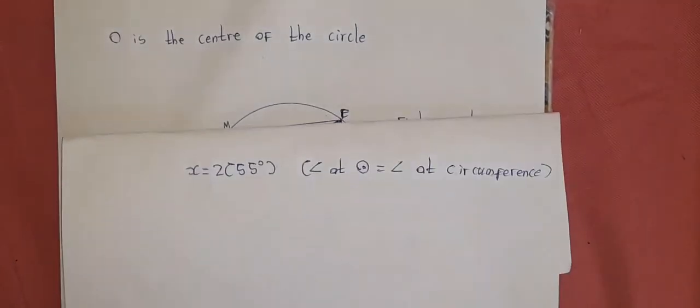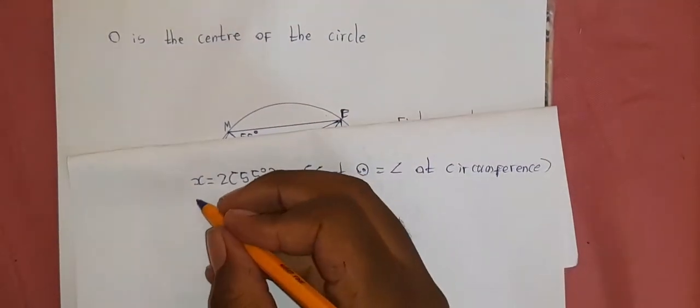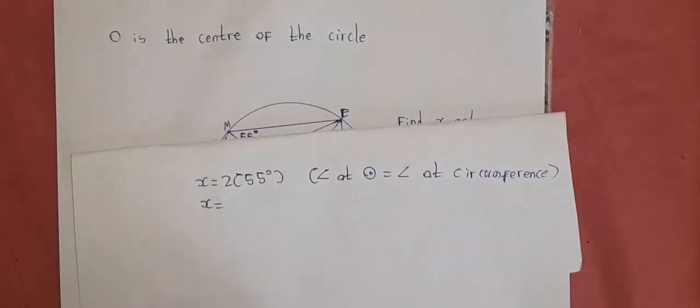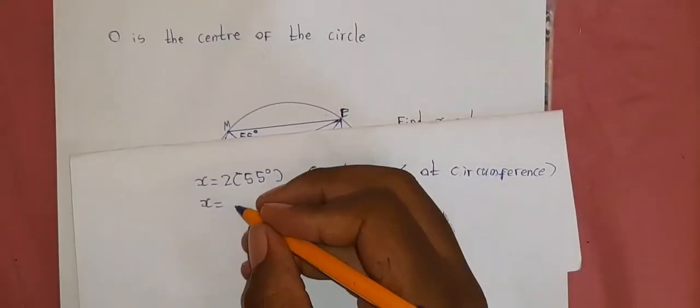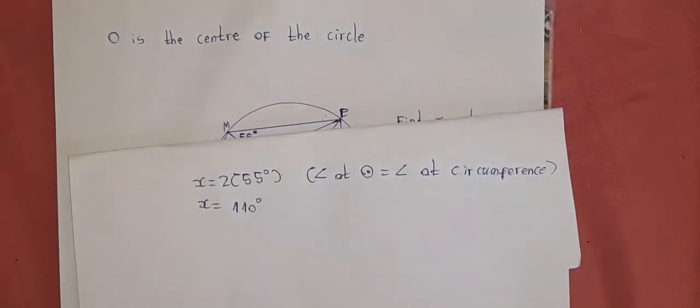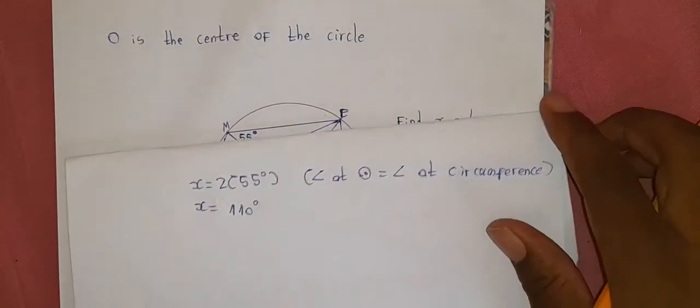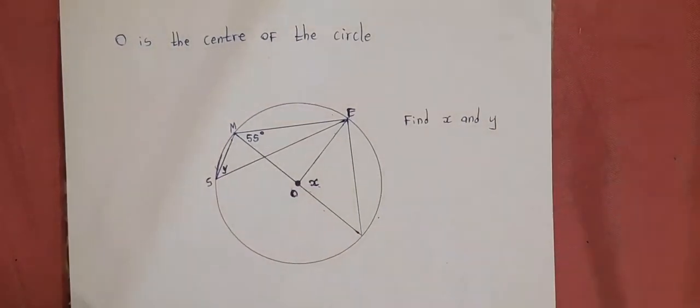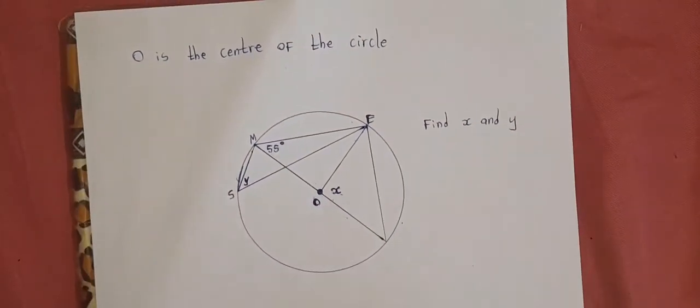Like this here. So angle X is 55 plus 55, 110 degrees. And let's move on to analyze how we can find Y.